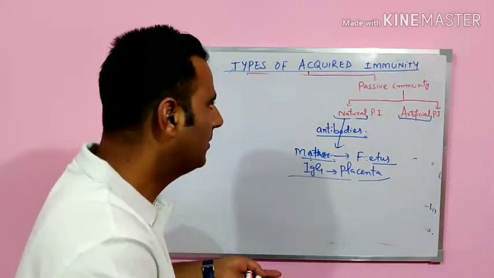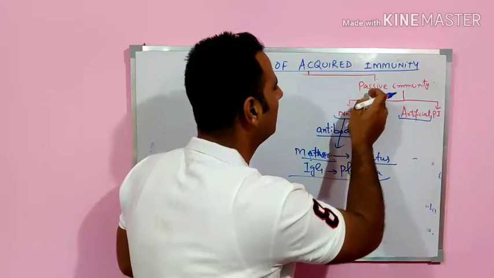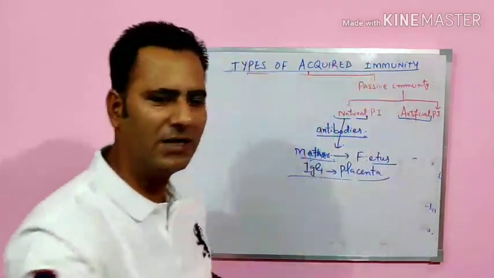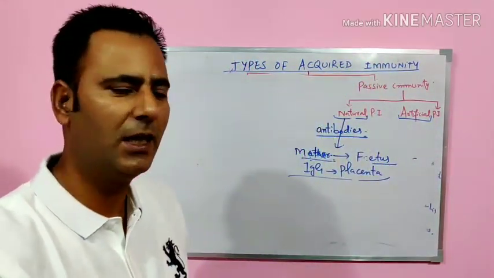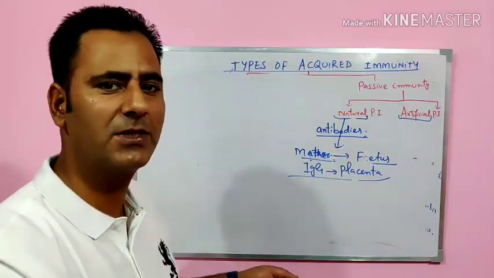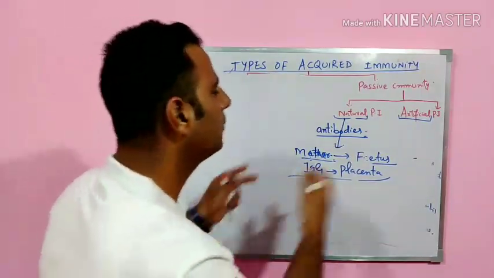But this passive immunity is natural passive immunity, and this is being achieved by the transfer of antibodies from mother to fetus.